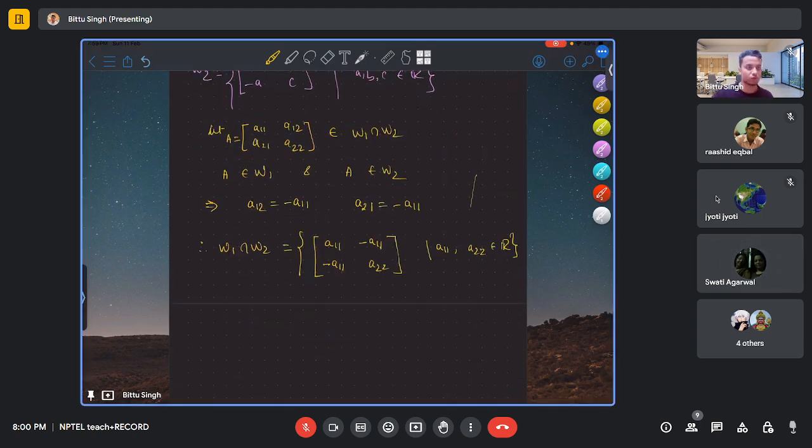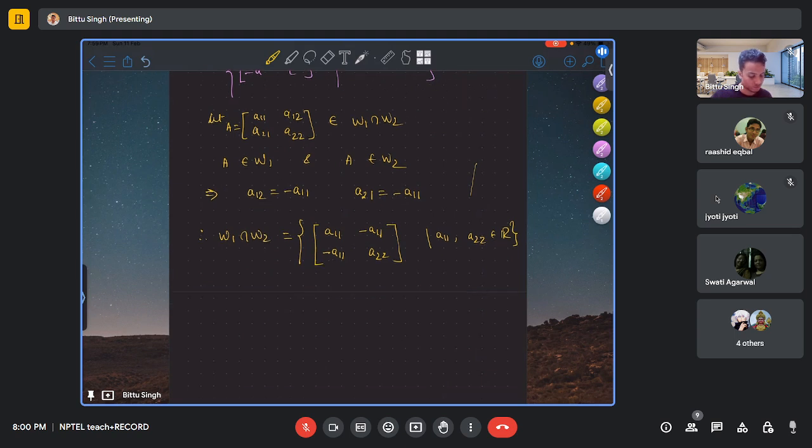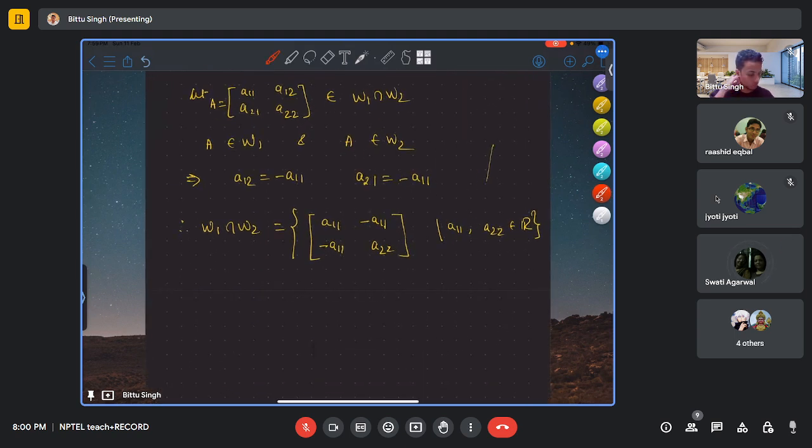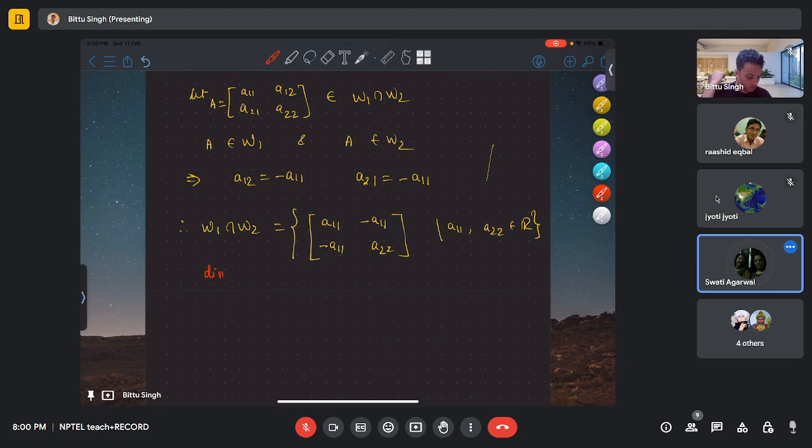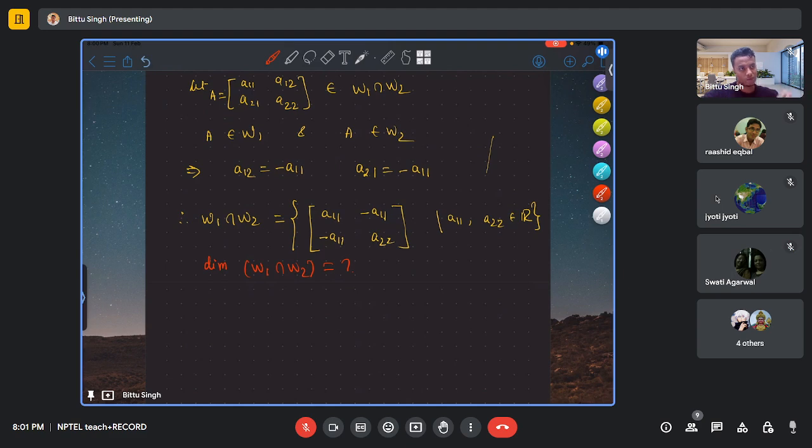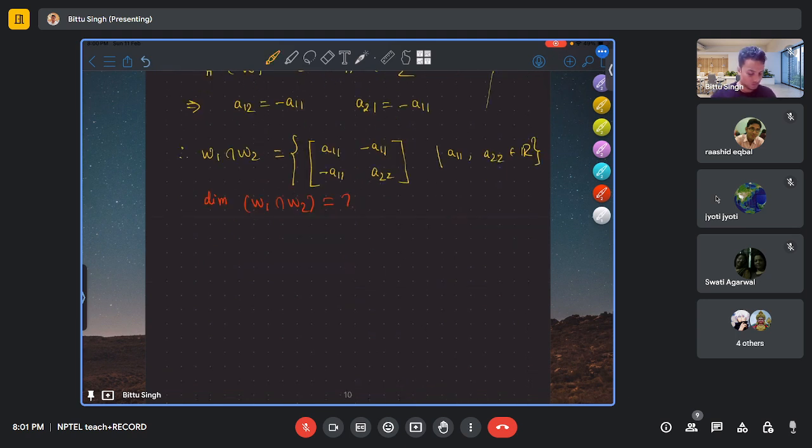So now the question is, what will be the dimension of W1 intersection W2? As usual, we will find a basis for this space and conclude the dimension. Any element will look like x, minus x, minus x, and y.